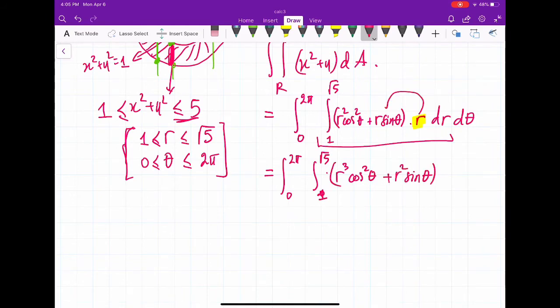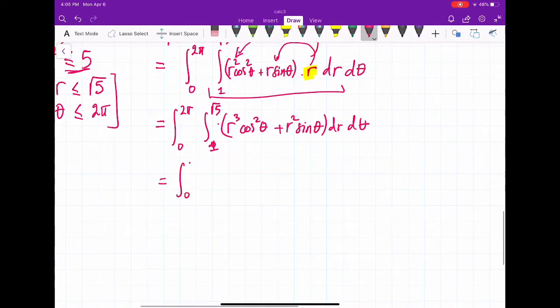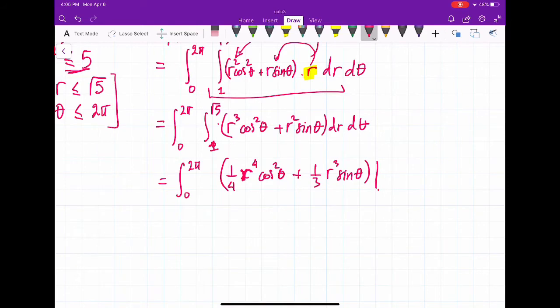I just multiply this together, dr d theta. Then I have, from 0 to 2 pi, 1/4 r to the 4th times cosine squared theta plus 1/3 r cubed sine theta, evaluated from 1 to square root of 5, and then d theta.